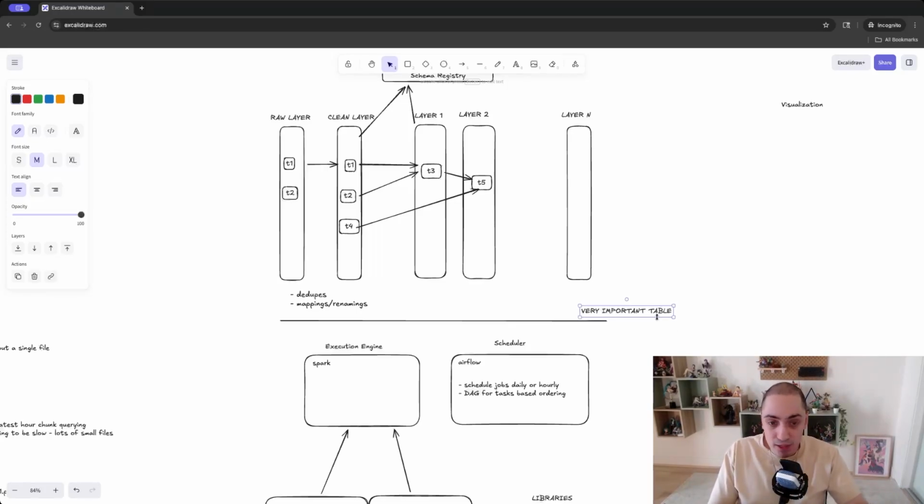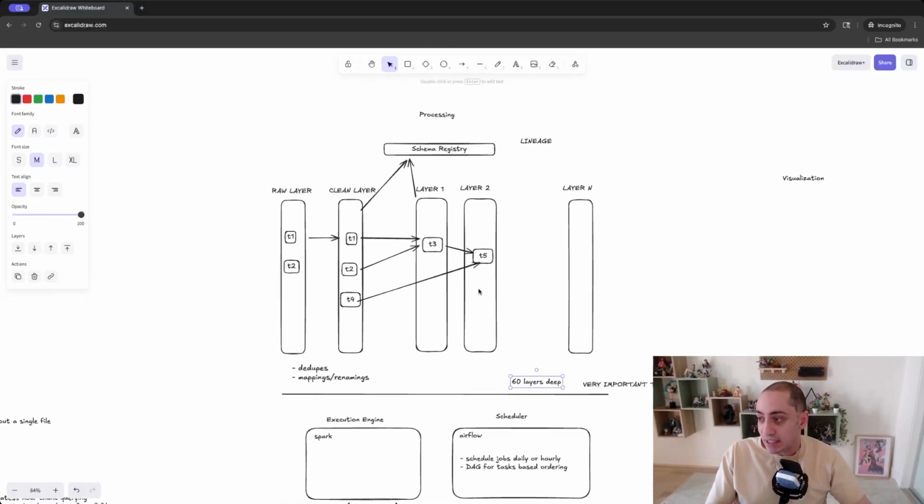It had been created and structured over many years, and eventually there were something like 60 layers of nested DAGs that produced it. That's bad. You don't want a situation like that to exist in your ecosystem, and I imagine this is rather common in a lot of data ecosystems. So you're going to want to keep this clean and managed.